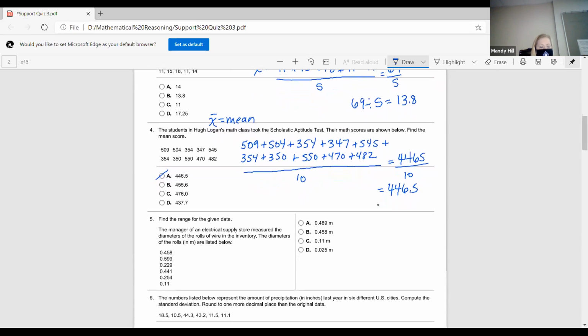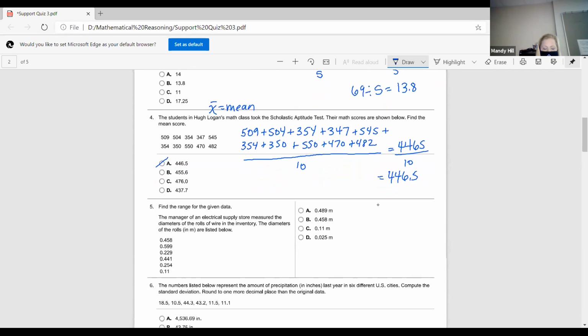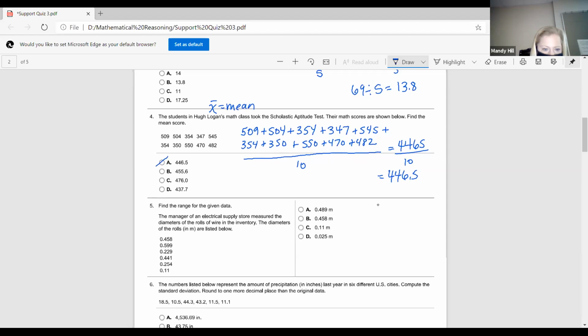We want to find the range. The range is just the biggest number minus the smallest number. So the manager of an electrical supply store measured the diameters of the rolls of wire in the inventory. The diameters of the rolls are listed below. So we want to find the biggest number. It looks to me like 0.599 would be our biggest. Our smallest number would be the 0.11.